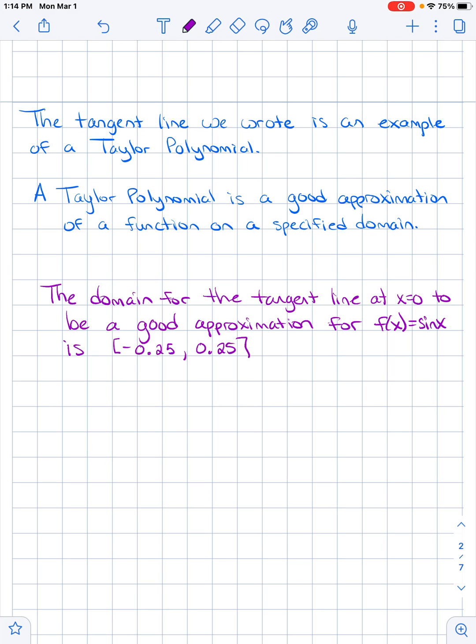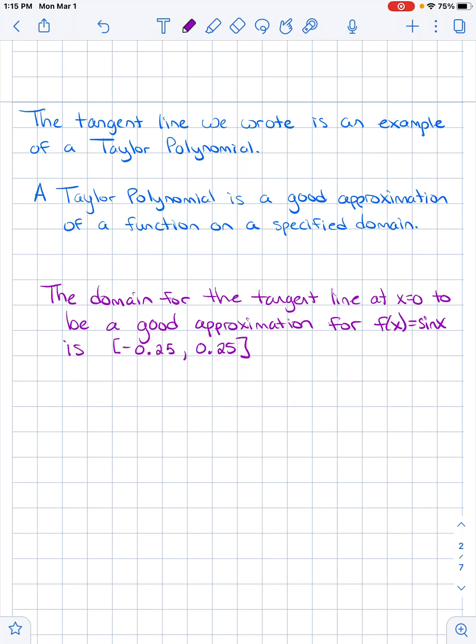Now we just used it to approximate 0.3. And that's okay because we're getting close. So this isn't an exact science right now. We're just saying they're almost the same line up until negative 0.25 and positive 0.25.